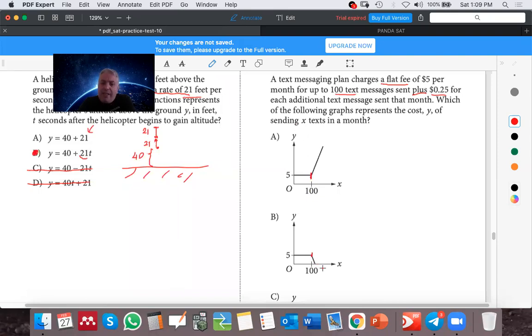Here it is decreasing. Here it is increasing. What I know is that after the first 100 messages, I will pay an extra $0.25. So it must increase. Logically, if you are sending more than 100, the price is not going down. You have to pay extra.